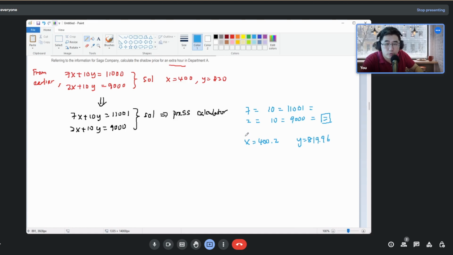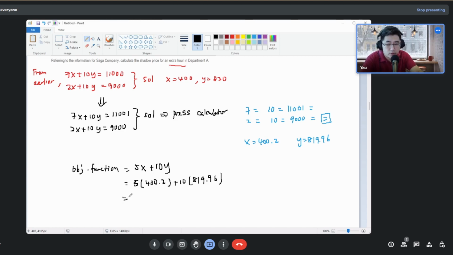Then from the solution that we have here, we put it inside our contribution function or objective function. Your objective function is 5x plus 10y. So we have 5 times 400.2 plus 10 times 819.96.